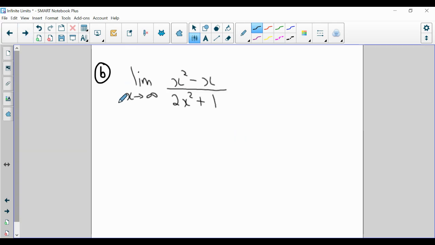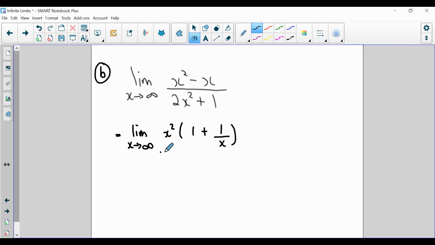Okay, so I have the limit as x approaches infinity of x squared minus x over 2x squared plus 1. Here we're going to use a little trick to use the limit that we just did in example A. I'm going to common factor from the top, taking out an x squared, and I'm left with 1 plus 1 over x.